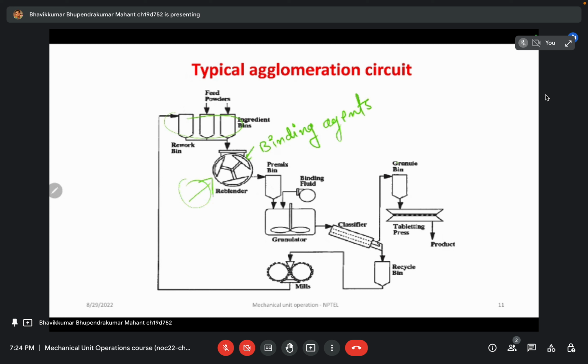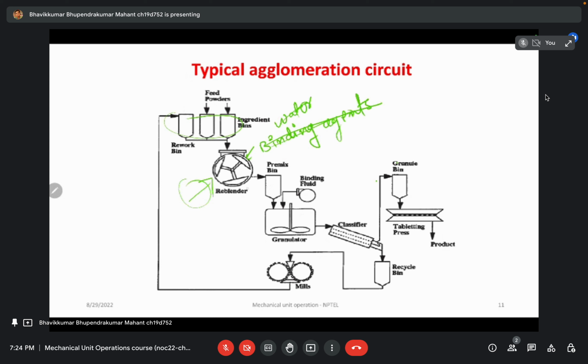And here we can use some moisture or water. It is not required in every process, but if it is required then we can use it.